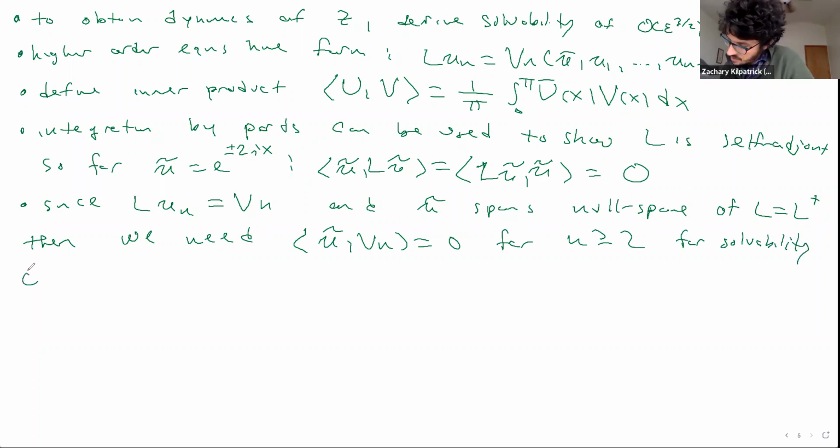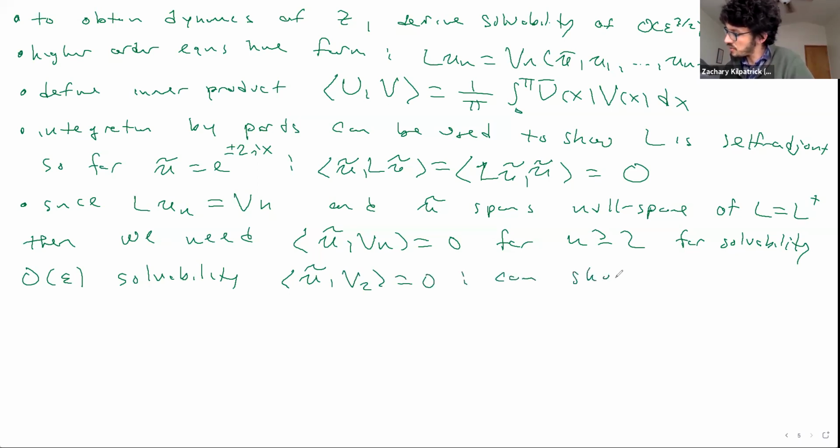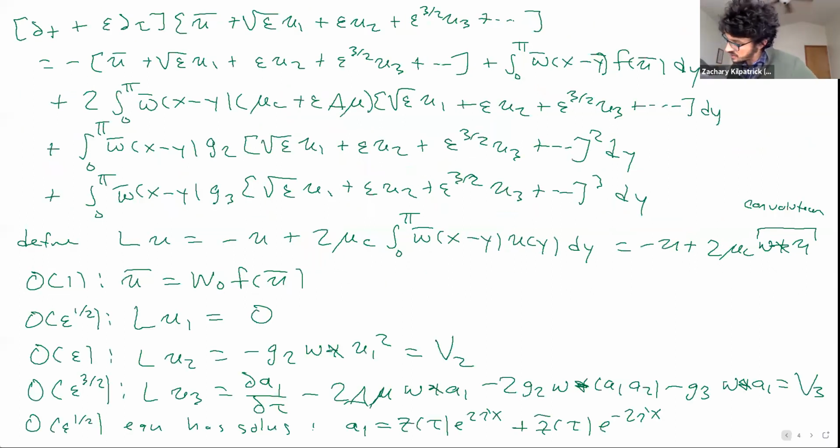Now it turns out you can show that order epsilon solvability, U tilde V2 equals 0, is automatically satisfied, okay? So if you go back to the order epsilon equation, it's here.